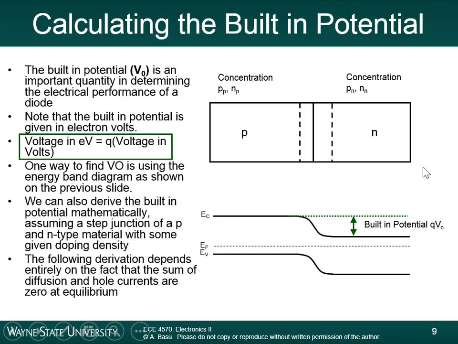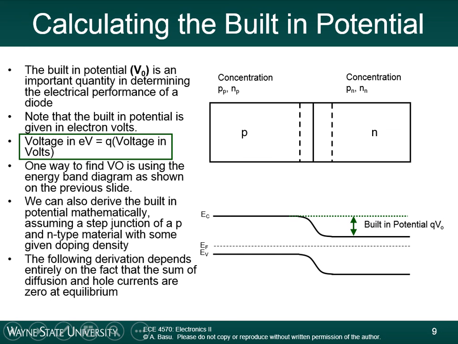A step junction means you have a certain doping density on the left side and a certain doping density on the right side, and that doping density changes immediately as we go from P-type to N-type material. There's not a gradual change in doping. If you assume a step junction, you can do this analysis.